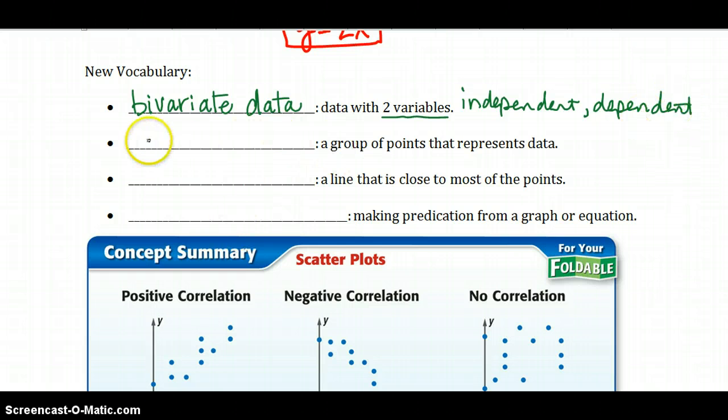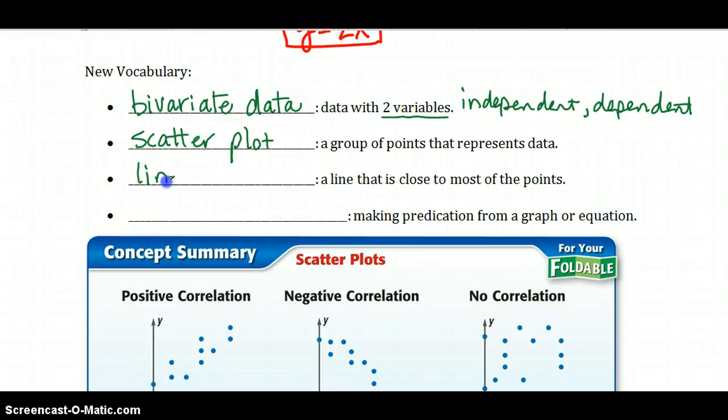All right, a scatter plot, we worked on these last year, I know. A scatter plot is where we have a group of points that represent the data. So you've collected all this data, then you put all the many points on one graph, and it's called a scatter plot.